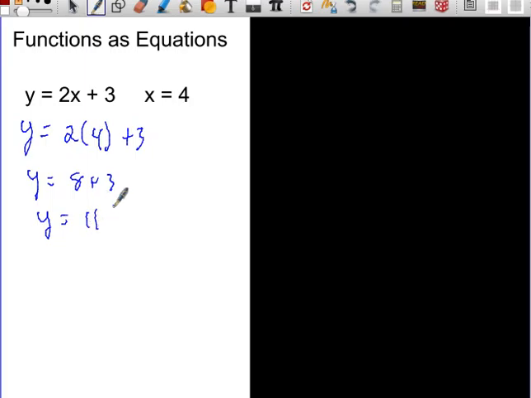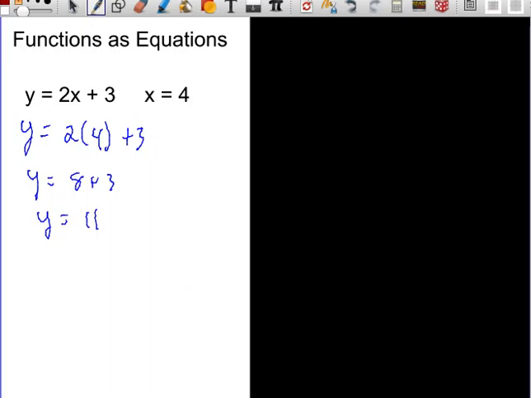What's going to happen if I wanted to solve this equation again, substituting 4 back into it and doing the whole process again? The same thing. I'm going to get the same answer. Every time I put a 4 into the equation for x, I'll always get 11 as the answer for y. But what happens if I change the value for x?